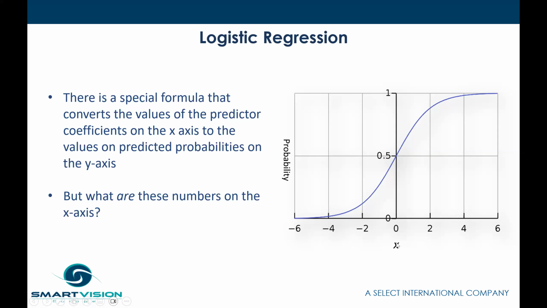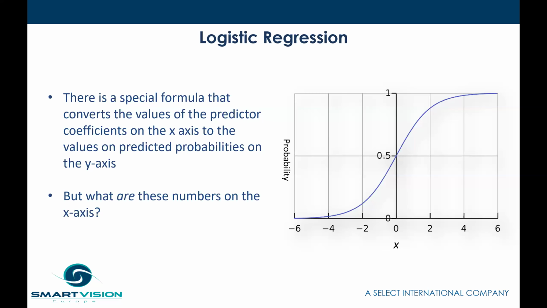You can put these numbers through a little formula called the link function, and it converts them to probabilities for you, because it's not a straight line. The numbers can't be interpreted in the same way as linear regression.